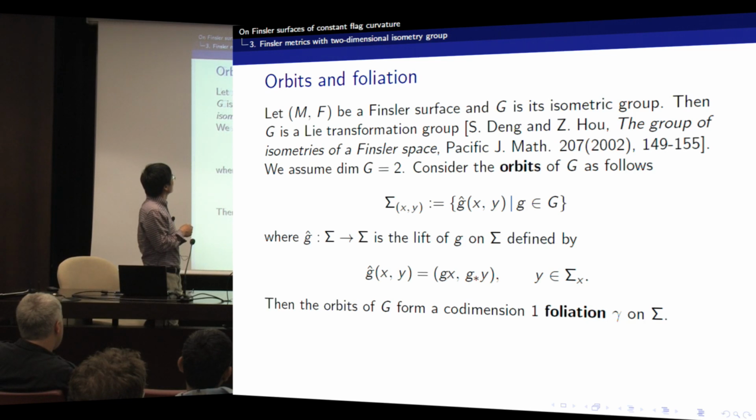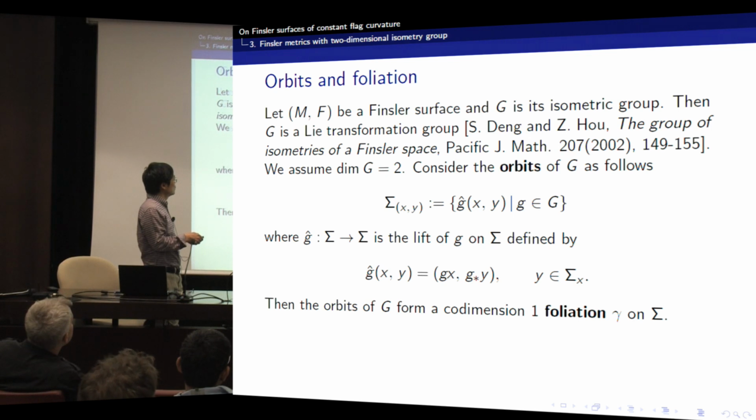Then G is a Lie transformation group. This was proved by Professor Deng and Professor Hou at Nankai University in 2002. We assume the dimension of the isometry group equals 2. Consider the orbit of G as follows: Sigma_{xy} equals ĝ(x,y).